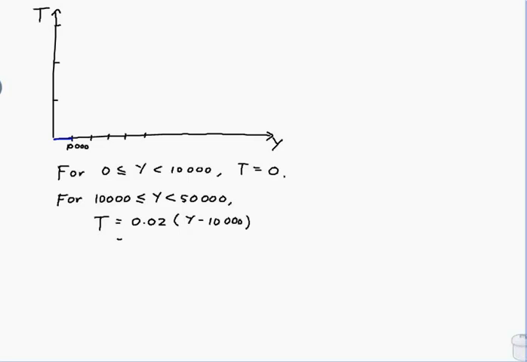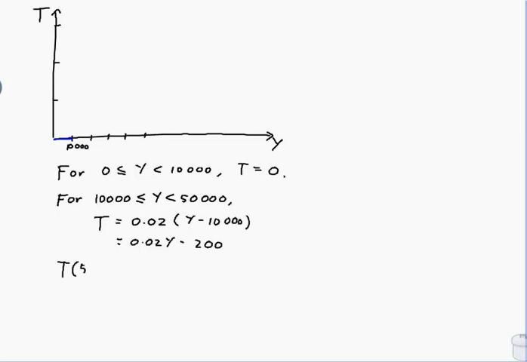If we expand that out, 0.02Y minus 0.02 times 10,000, which is 200, we can see that's the equation of a straight line. So we have a straight line starting where we're up to on our graph and going up to 50,000, and whatever the tax is at 50,000. So we should figure out what T of 50,000 is.